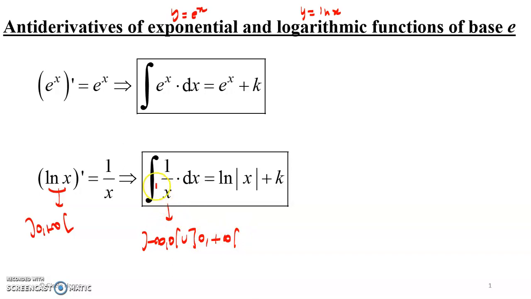So the domain of 1 over x does contain negative values of x, which ln x cannot take. So it's for that reason that if you're starting with 1 over x over this domain, when you integrate, you'd integrate into ln of the absolute value of x in order to avoid ending up with negative values inside of ln.